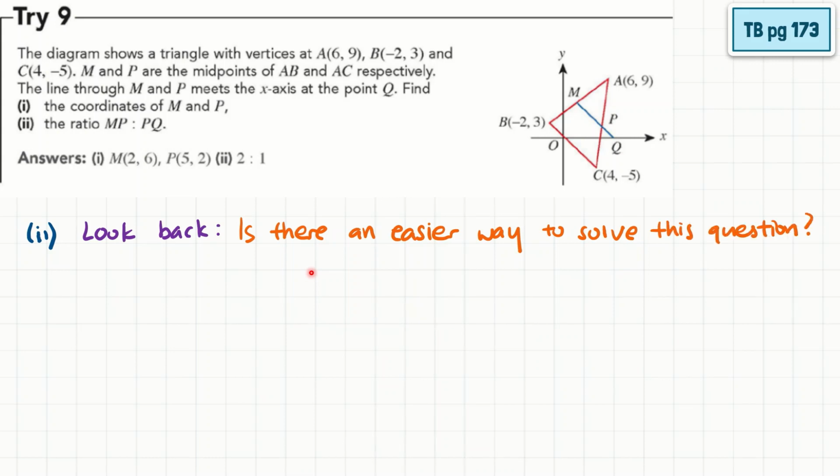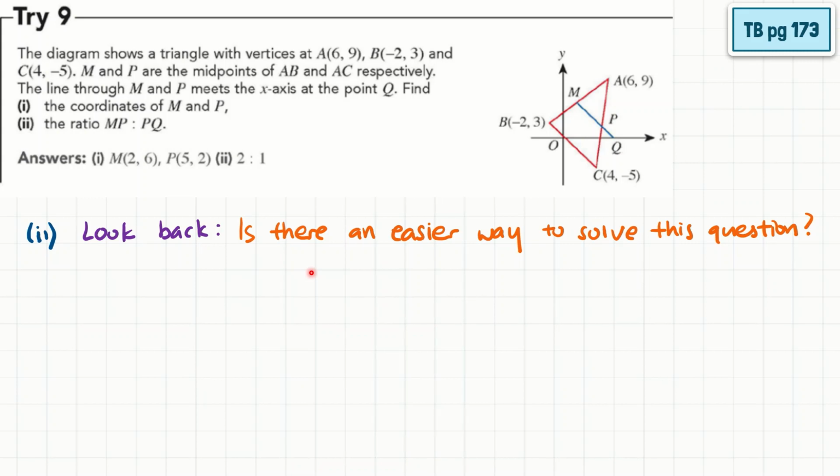I'm not sure whether you read your textbook, okay, the parallel example for try 9, but maybe if you have not, there is actually a simpler way to solve this question, and that relies on our concept of similar triangles. In case you have forgotten what similar triangles are, we learned that in Sec 2, okay, when we first exposed ourselves to congruency and similarity.